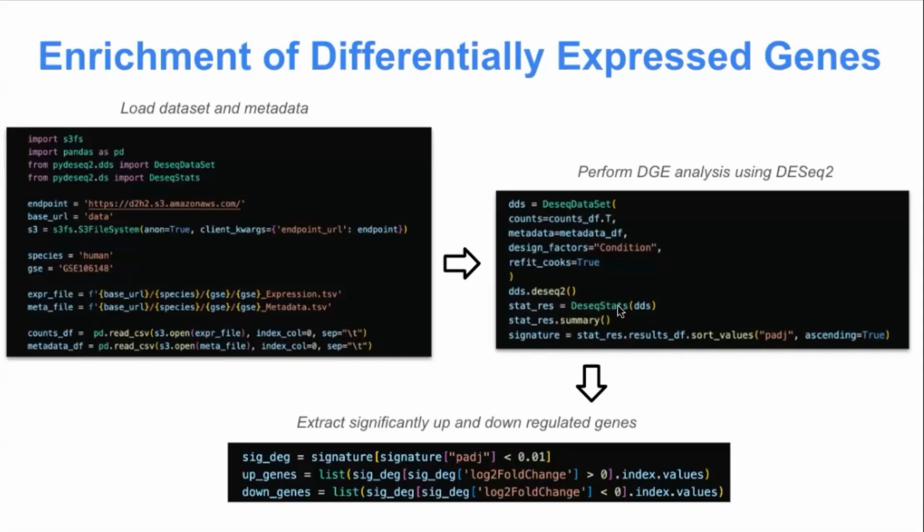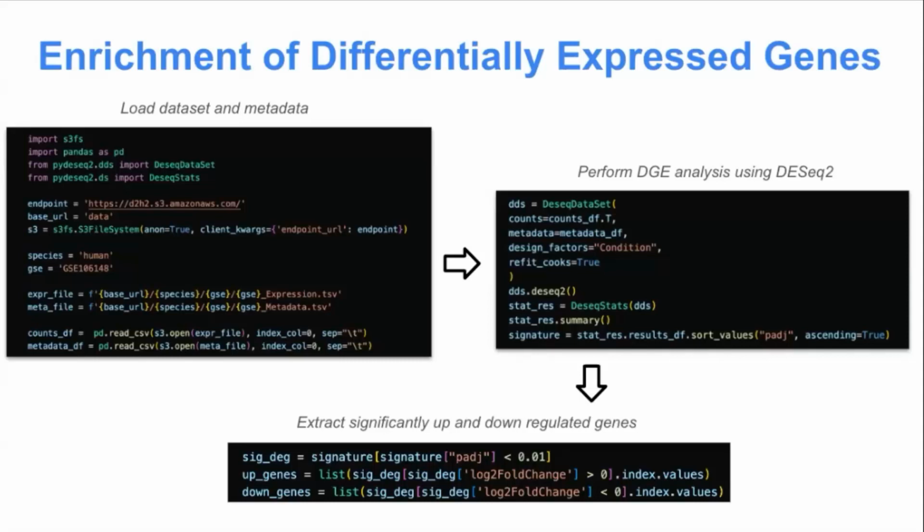From here, we would then be able to get our p-values, adjusted p-values, and our log2 fold change. We can then view a summary of what this data frame would look like, with each gene and its p-value, log2 fold change and other statistical scores, using the .summary function. After this, we can create a data frame that sorts the values based on the adjusted p-value, which is the padj column.